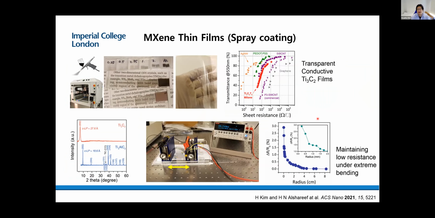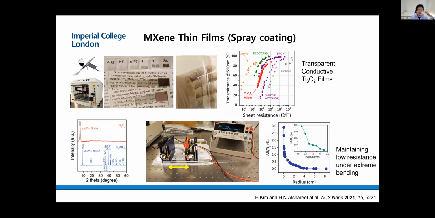MXene solutions can also be spray coated to create thin films that are transparent and conductive. From the optical point of view, it's a little better than graphene, but it's harder to beat oxide material or metal nanowires. But at the same time, MXene has its own advantage of flexibility.